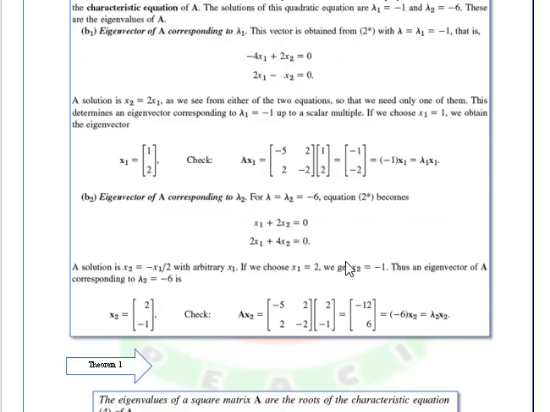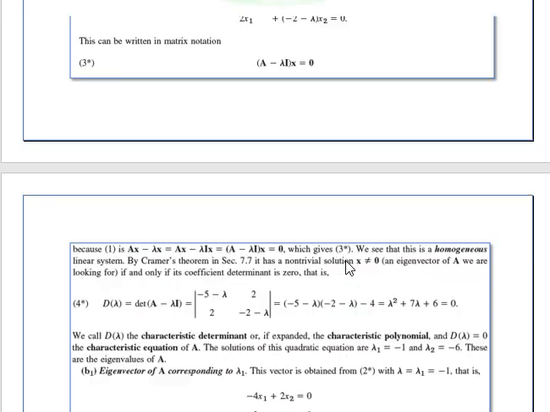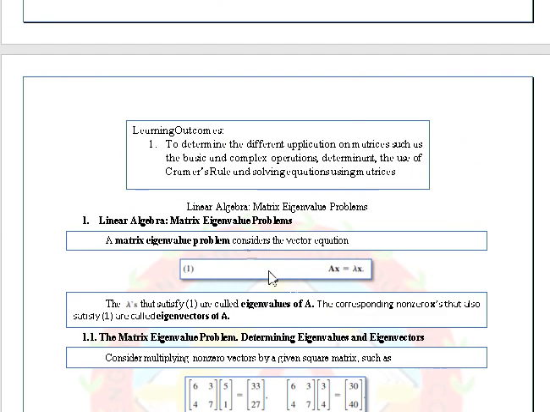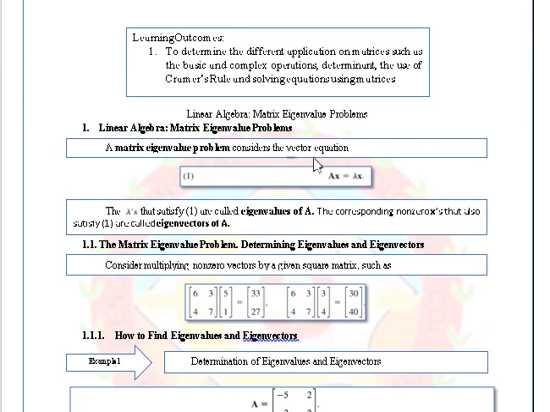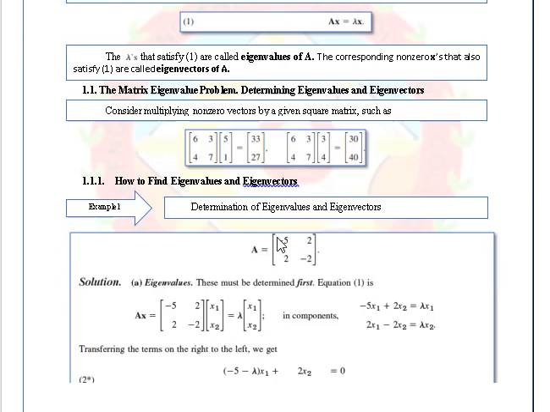Take note that the only important thing to consider is to get the eigenvalues, which is the lambda, and then our eigenvectors, which is the x, that satisfies this vector equation. That's really the most important part. That's how we determine the values in order to satisfy this equation.